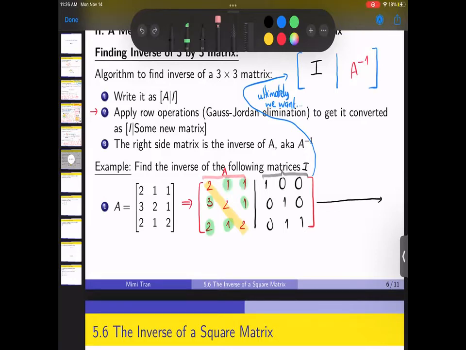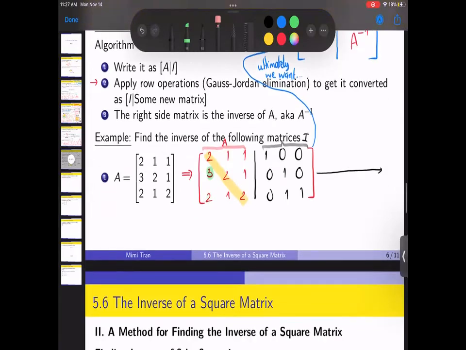I need to make the 3 zeros. So what should I multiply the first row by? Anyone? Is it -3/2? Yeah, -3/2.